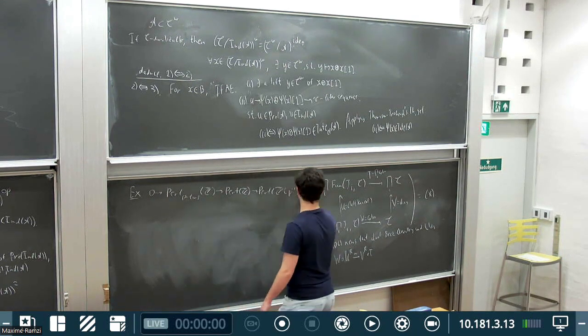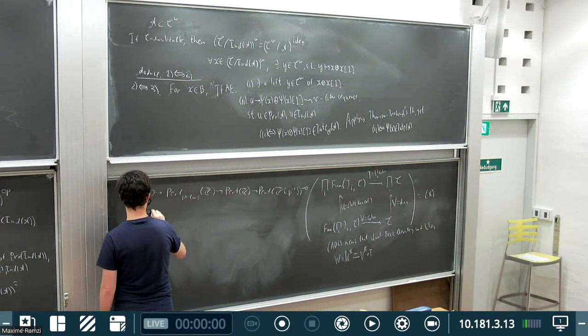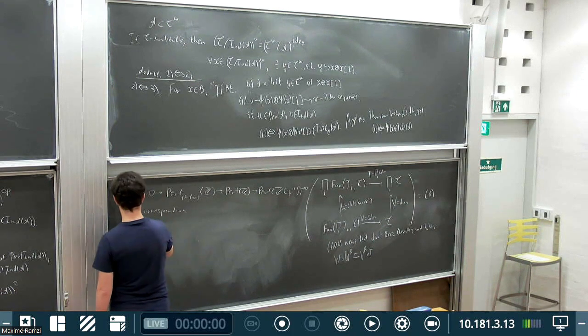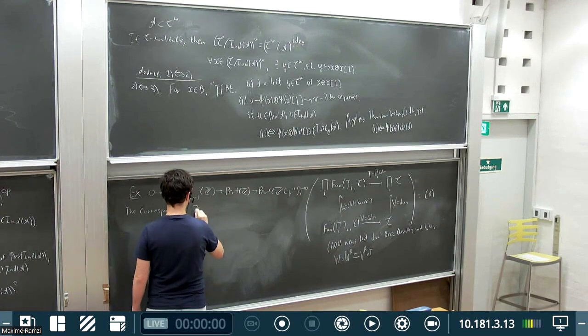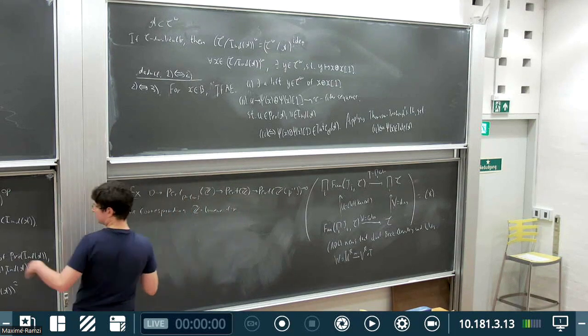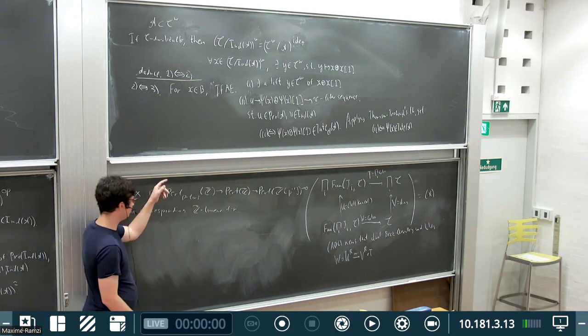And then the corresponding Z-linear functor, like this was over the sphere spectrum, but you can do all the same over some ring.